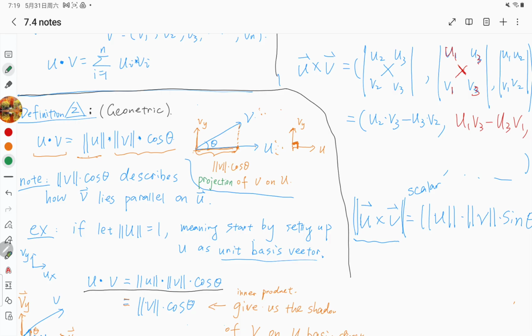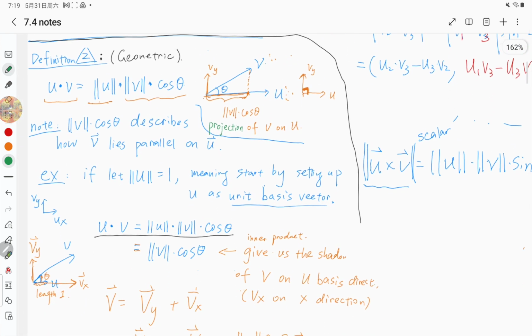You will see this idea over and over again. This is the projection, right? So the second inner product definition is a geometric definition that tells you how long v projects onto the direction of u, right?